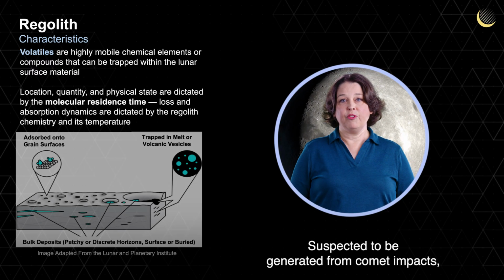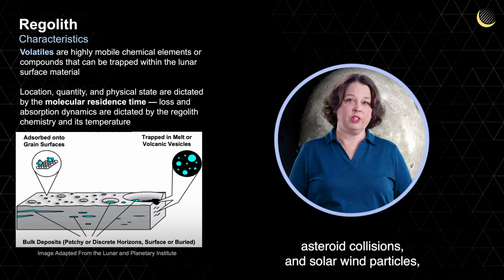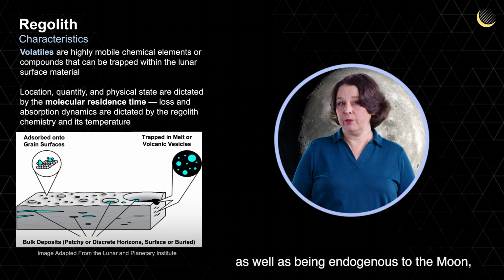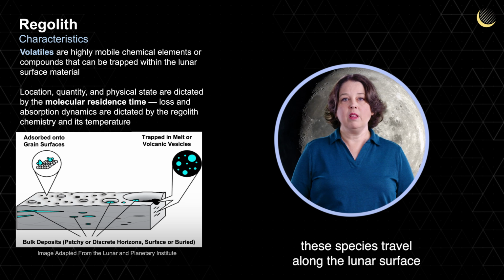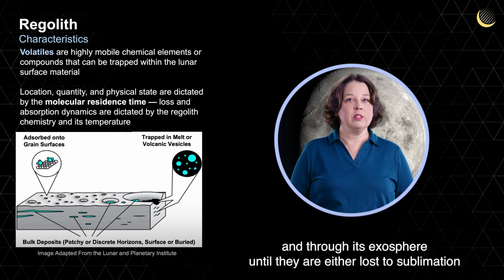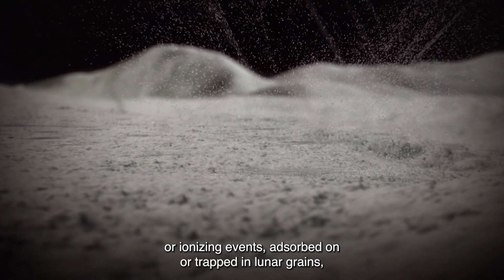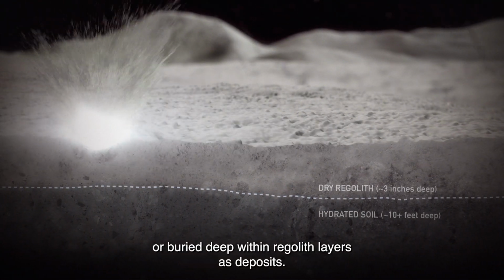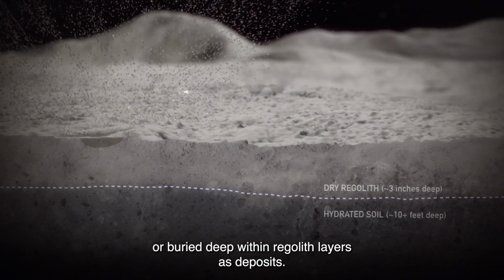Suspected to be generated from comet impacts, asteroid collisions, and solar wind particles, as well as being endogenous to the moon, these species travel along the lunar surface and through its exosphere until they are either lost to sublimation or ionizing events, adsorbed on or trapped in lunar grains, or buried deep within regolith layers as deposits.